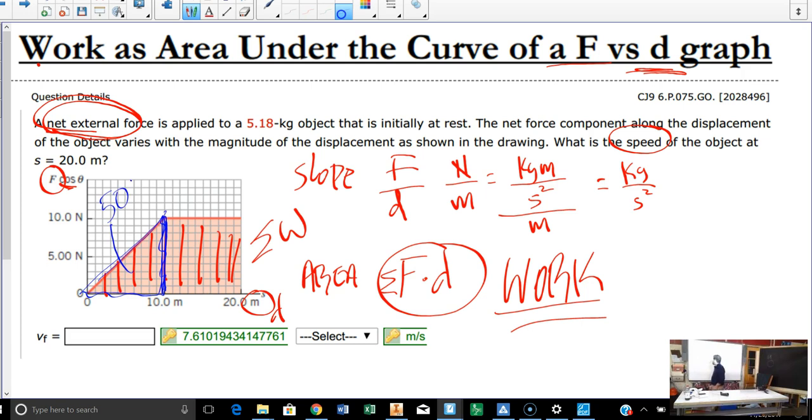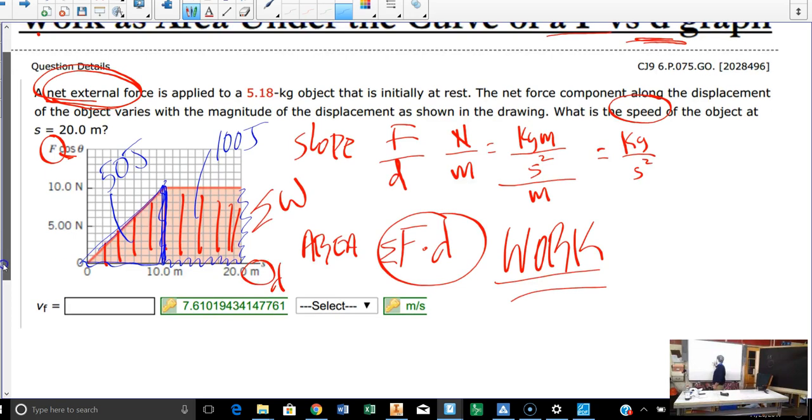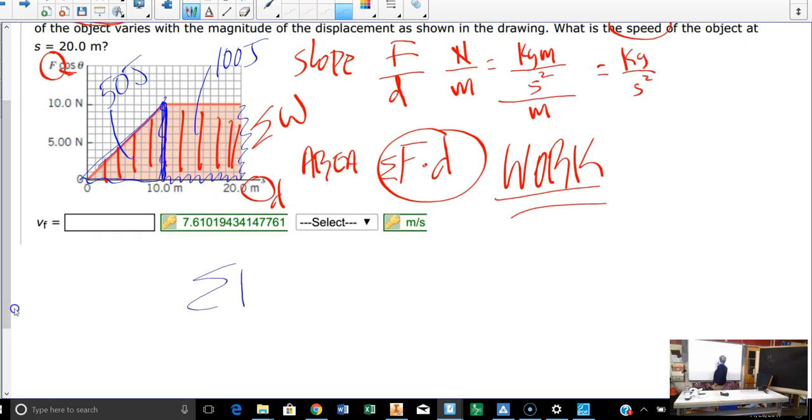What would be the unit? Newtons times meters, or joules. This is going to be 10 from here to here times 10 this way, so that's going to be 100 joules. So we're looking at a total net work of 150 joules by looking at the area under the curve.